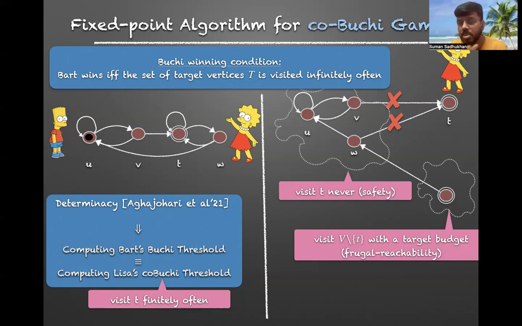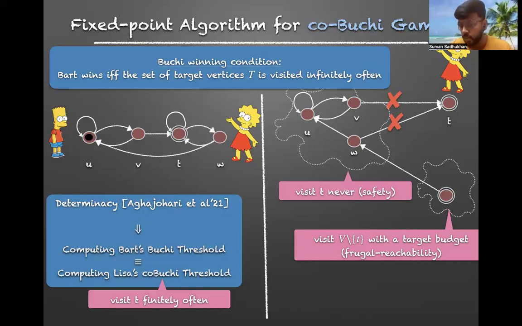In the reachability game, there is no target budget. We don't care about how much, we only care about whether you reach the vertex. But in this frugal reachability game, target vertices are associated with a budget, and we want a player to visit that vertex with some given budget. The algorithm is exactly the same, an adaptation of whatever algorithm we have for reachability games.